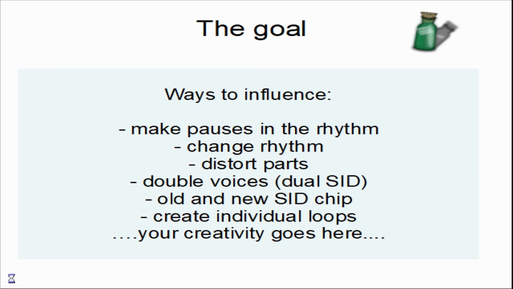I don't know, who in the audience here is into Commodore 64? One, two, three. A little bit, okay, but SID is the music chip, the sound chip of the C64. You have different versions, and they sound different. Another thing I like to do with it is create loops.